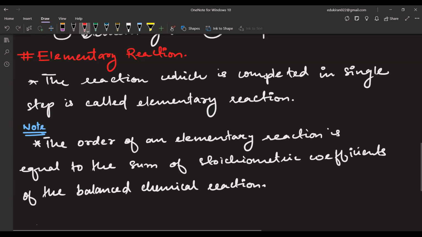Okay, so please remember this point, very important. What is an elementary reaction? If it is happening in one step, then whatever the coefficients of stoichiometry are, that will be the order of reaction.